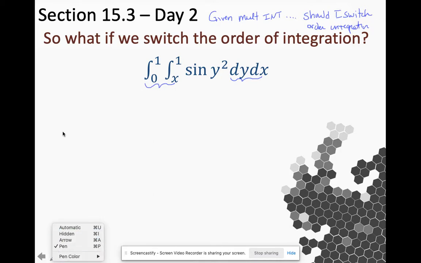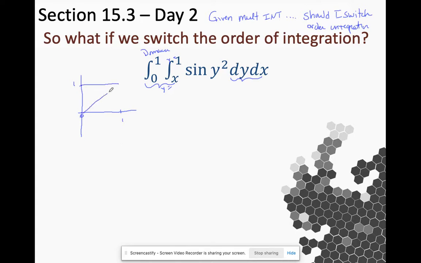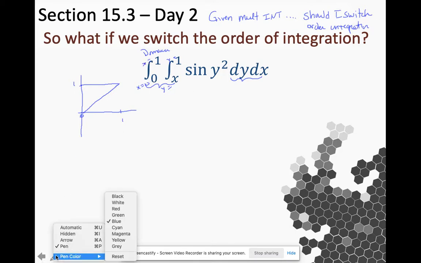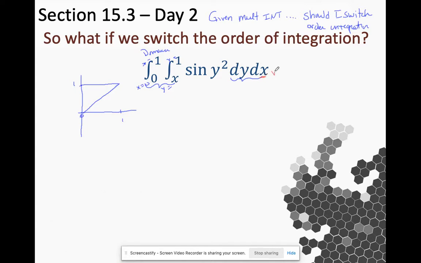So again, I'm going to draw my domain area. Because remember, this is y equals x, y equals 1, from x equals 0 to x equals 1. And again, with x being last, that was a vertical strip.